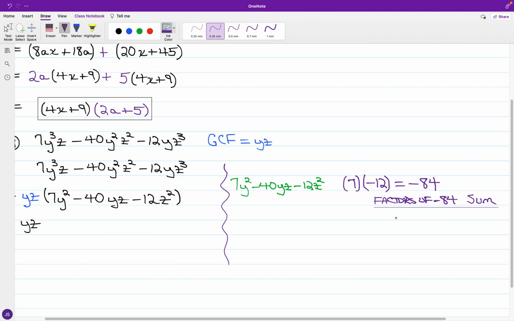Again, you have like 7 times negative 12 is negative 84, but those numbers add up to negative 5. And if we go with the combination that adds up to negative 40, that combo is going to be 2 and negative 42. 2 times negative 42 is negative 84, and 2 plus negative 42 is negative 40.